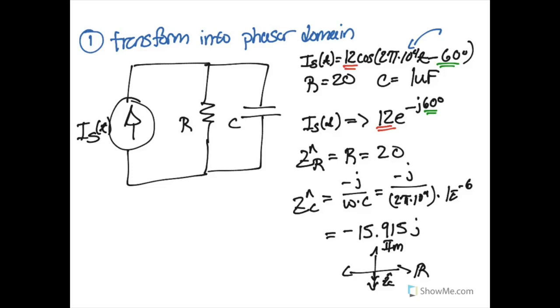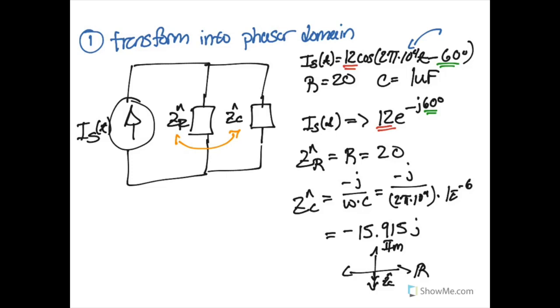Now that we've done that, what we should do is replace all of our components with little boxes to help us indicate that they are now phasors and no longer our traditional resistors and capacitors, because we are now in the frequency domain. We can combine these elements as if they were resistors, so they're all impedances, and so these two objects are now considered in parallel.